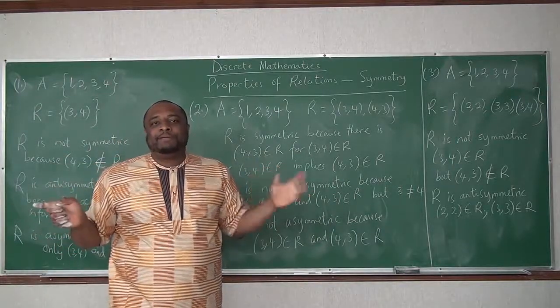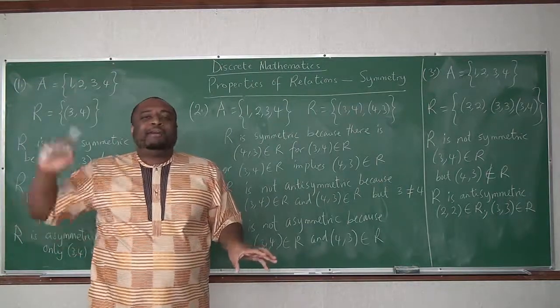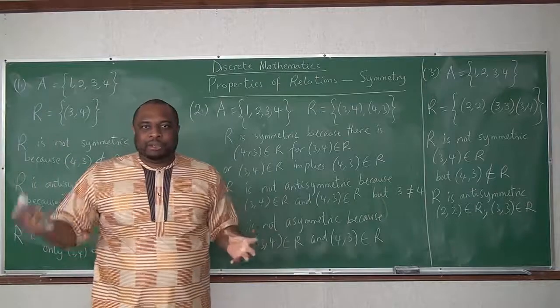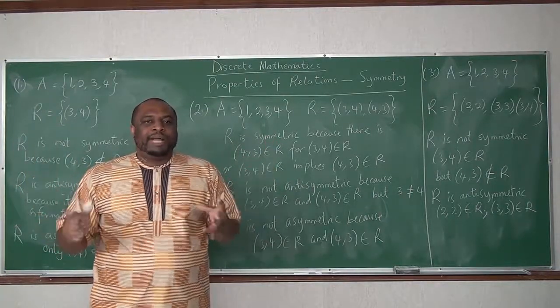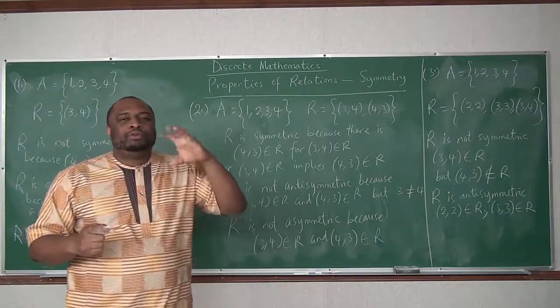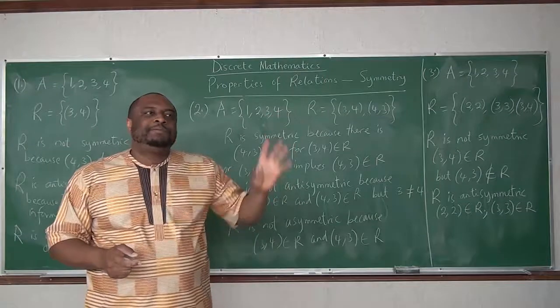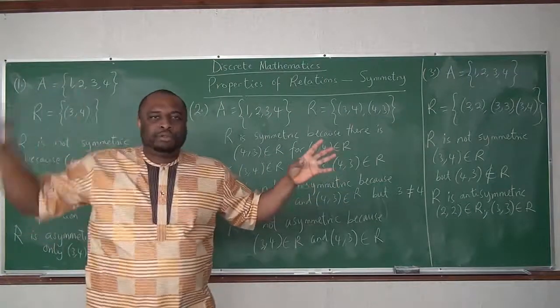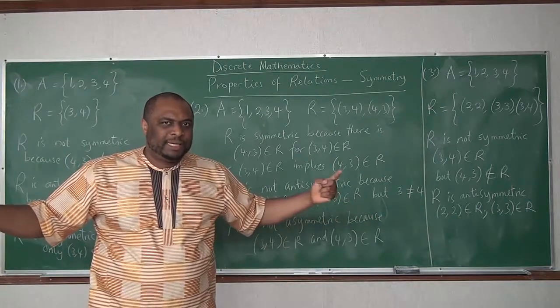Because with asymmetric, if you have 2 relation 2, you should not have 2 relation 2. And that is like a contradiction. Because if you have 2, 2, then you should not have 2, 2 again. You understand what I'm saying?